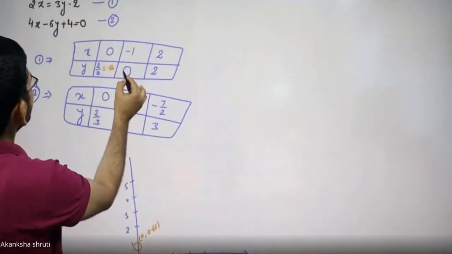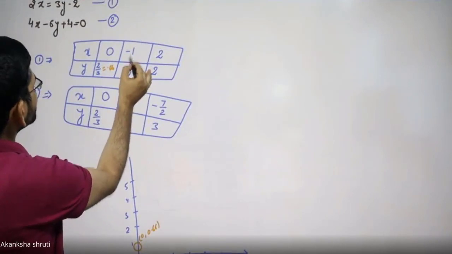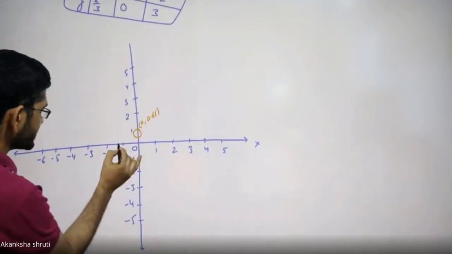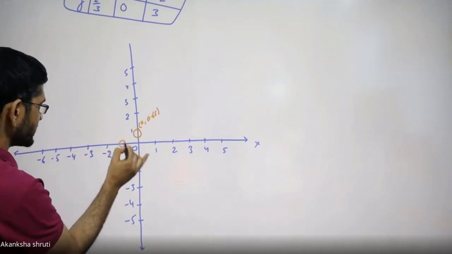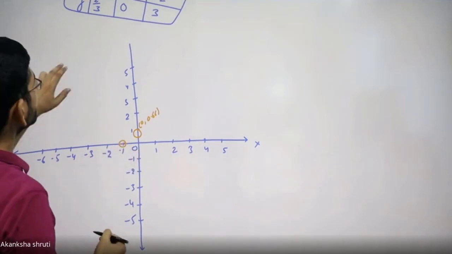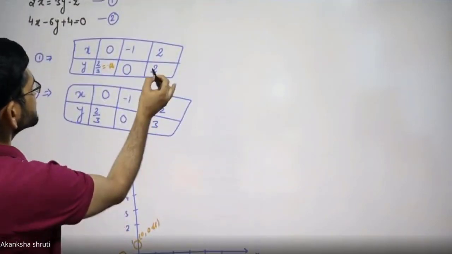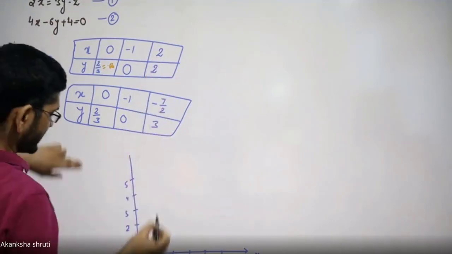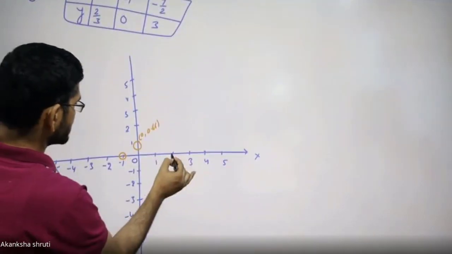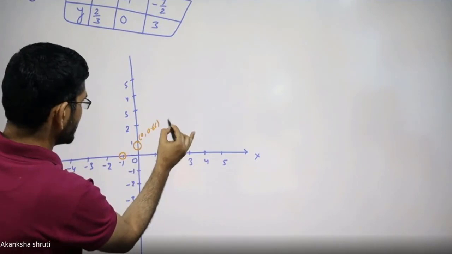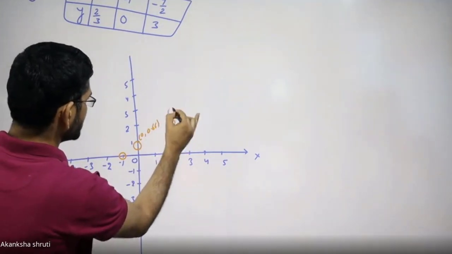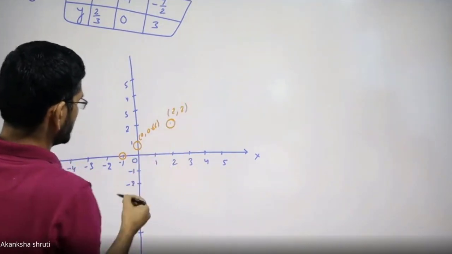Next, x is minus 1, y is 0. X is minus 1, y is 0 means on the x-axis. Next, x is 2, y is 2. So take x is equals to 2, y is equals to 2. It is coming at this point, 2, 2.